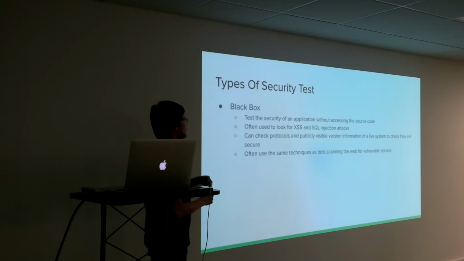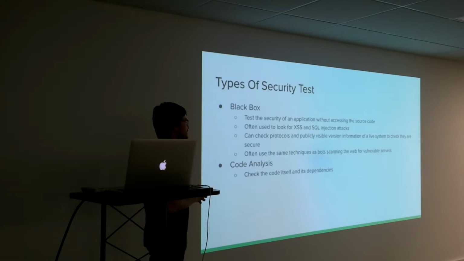And black box testing often uses similar techniques to the bots that are just scanning applications on the internet to look for these already known issues. Most of the other security tests that you can automate rely on analysing your code base and looking for issues that way.